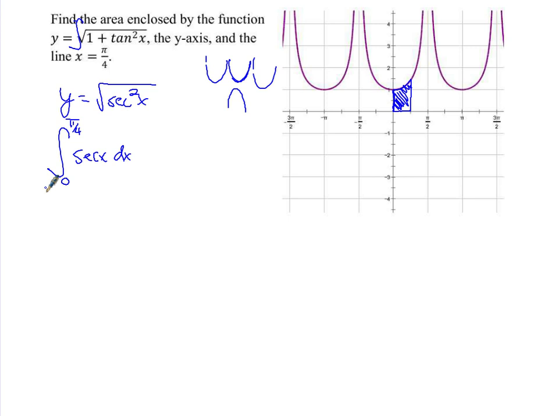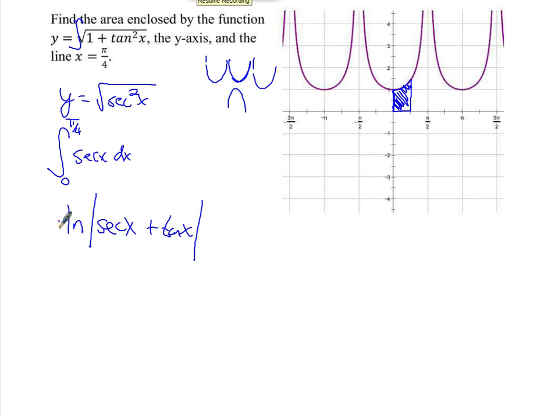The natural log of the absolute value of secant x plus tangent x. But we're evaluating a definite integral, so we don't have to put the plus c.